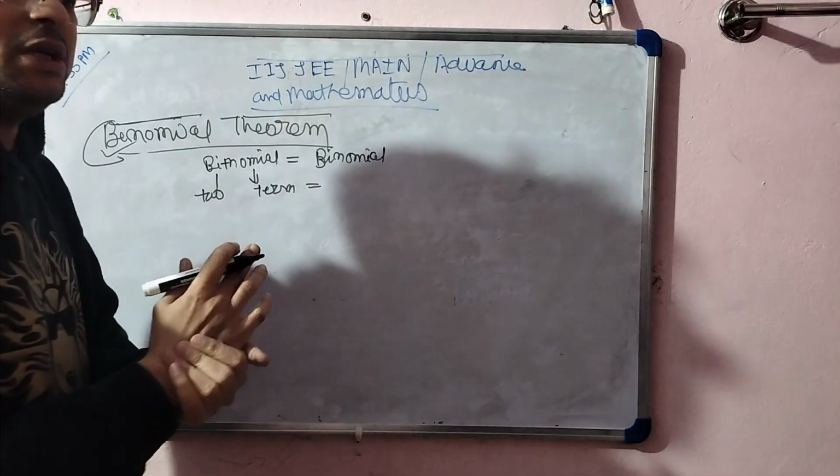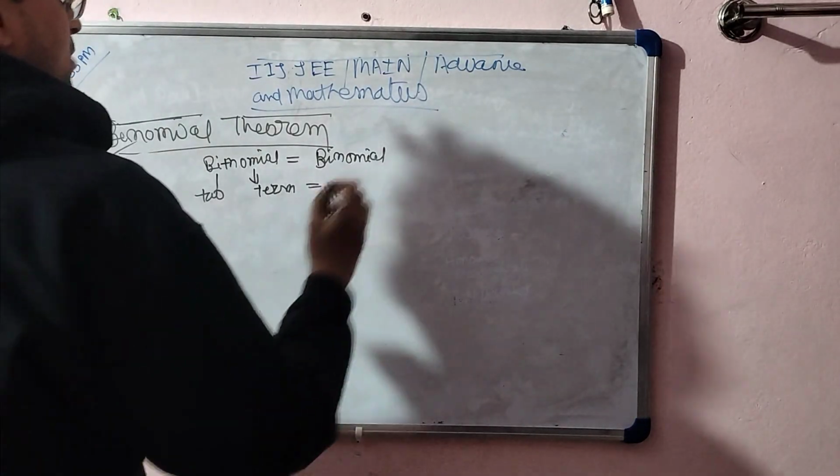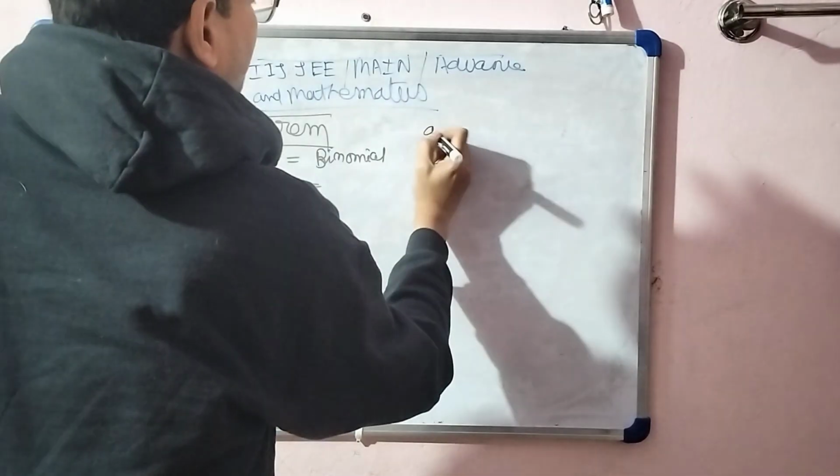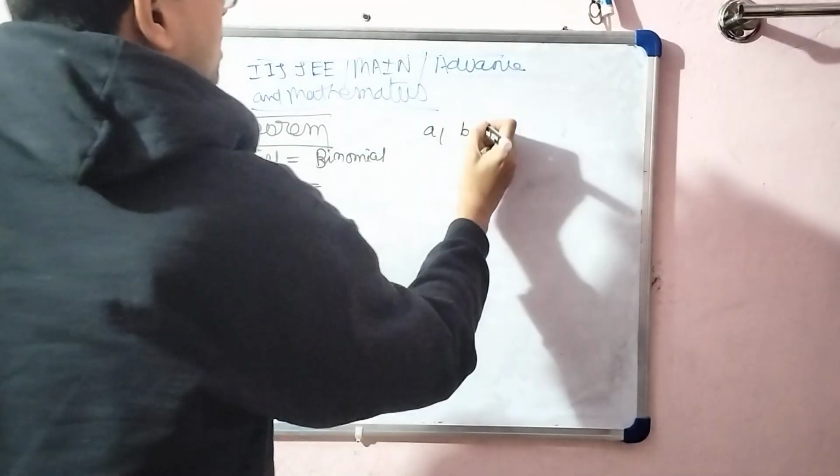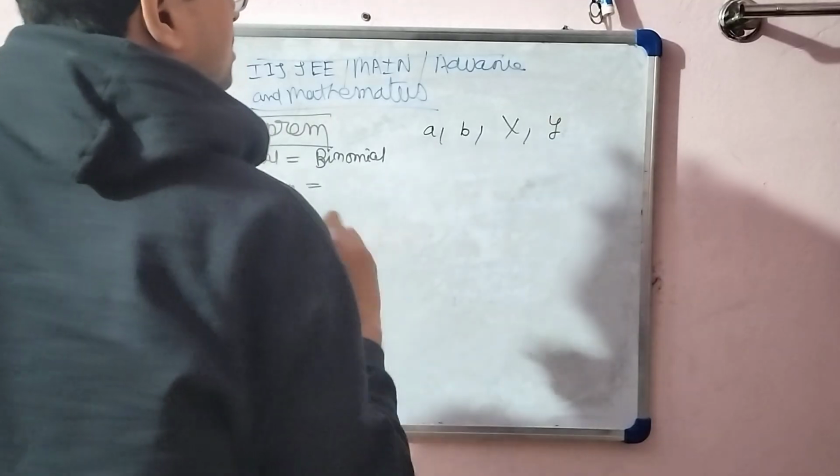What is two terms? There are two variables, we can say a, b, or x, y.